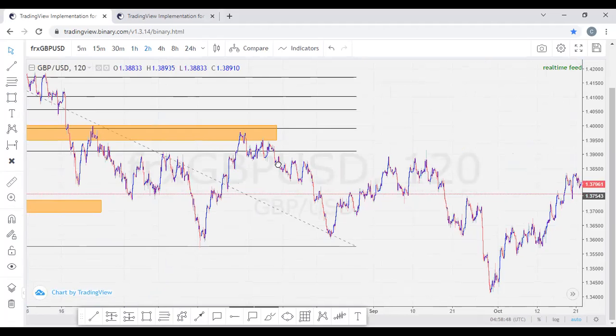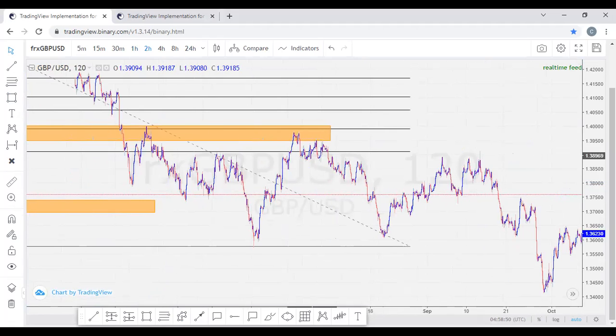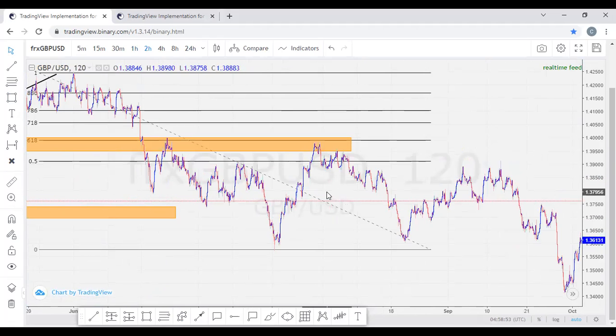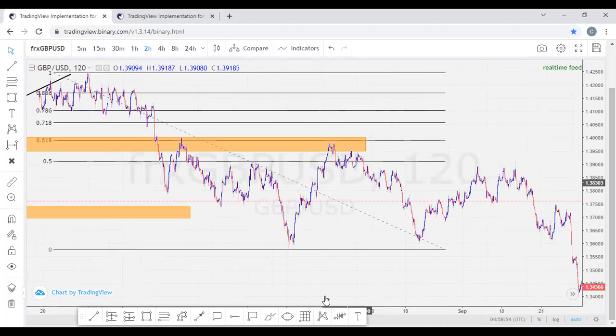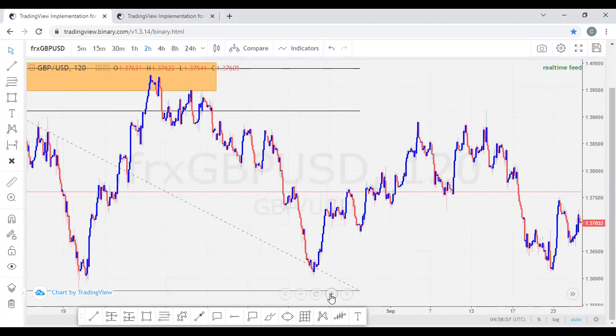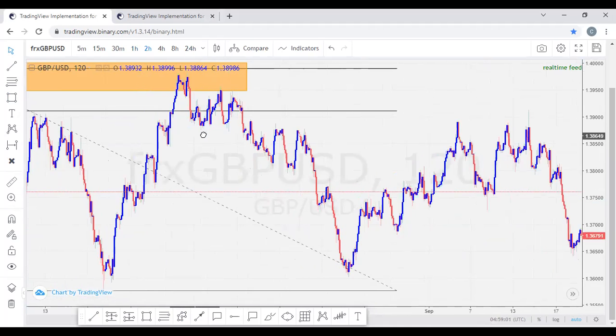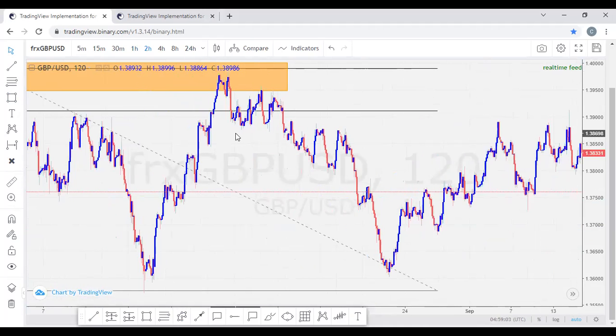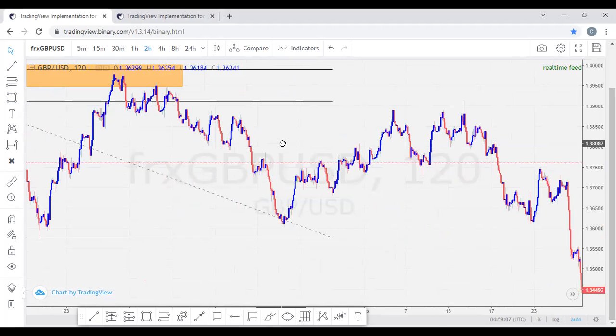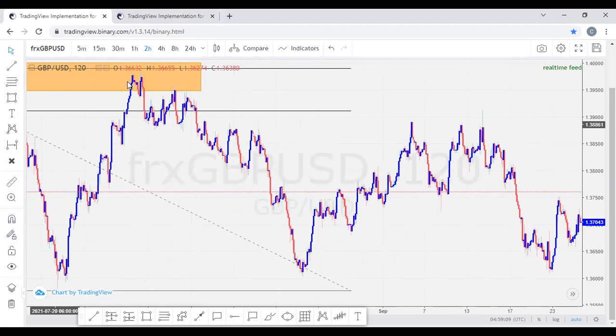So look at our 2 hour time frame. Let's zoom in. We want to see how sweet this move was. So we can see that the market came to this point.